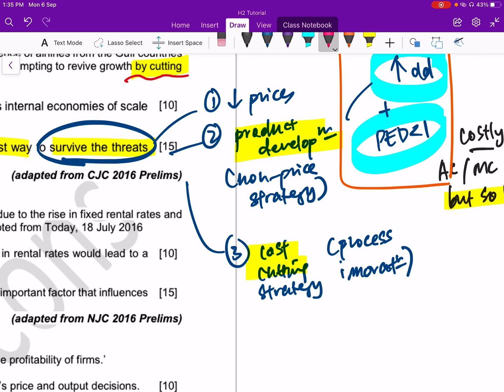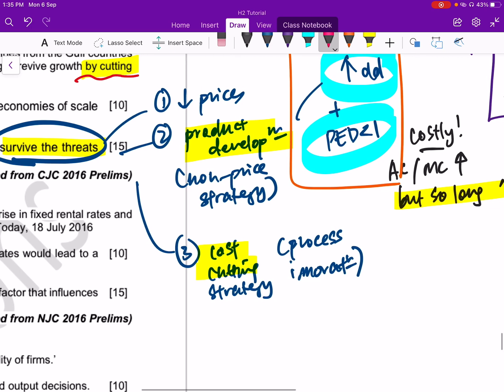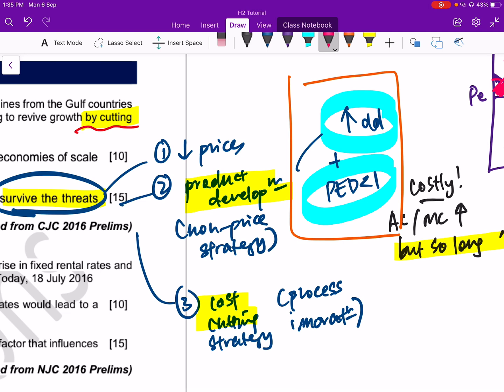So in particular, I just want to mention to you how we can draw some diagram to support your explanation for point 2 and 3. All right. So in product development, we mentioned that if we come up with better quality products, we are able to increase the demand as well as reduce the substitutability.